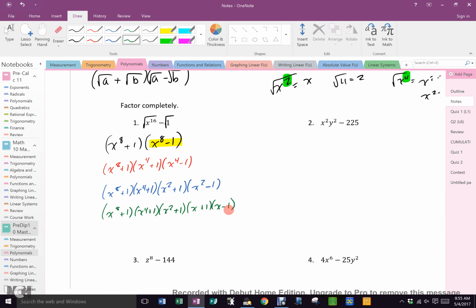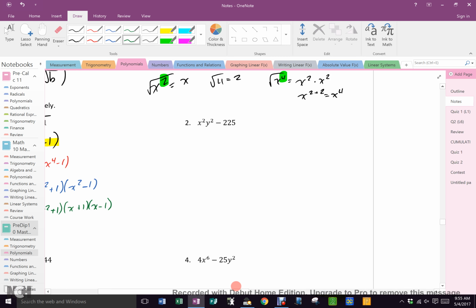Now I showed you this one first, even though it seems complicated, because it shows you the pattern that works a million times in the same question. And it always works. Have a look at 2. What's different? There's 2 variables. Are they both perfect squares?